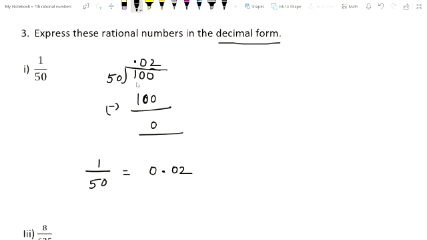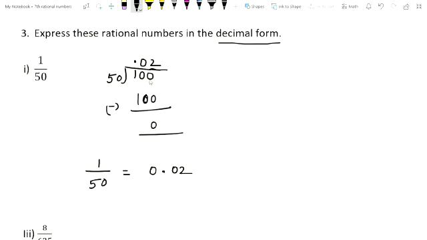I repeat this. First 1 is given, 1 divided by 50. So we can't divide, keep the decimal, add 1 0. Now it becomes 10. Even then we can't divide, so add 1 0 to the quotient place and 1 0 to the dividend place. Now it becomes 100.